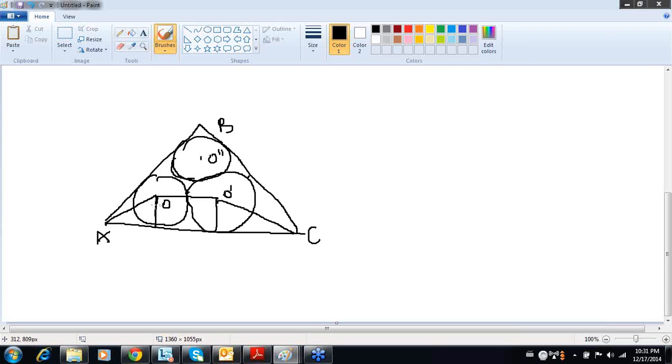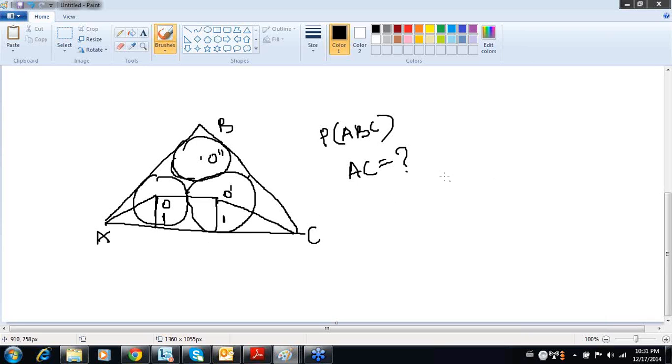The radius of the circle is 1 centimeter. Okay. So we have to find out the perimeter of ABC. So what we have to find out is the value of AC first.